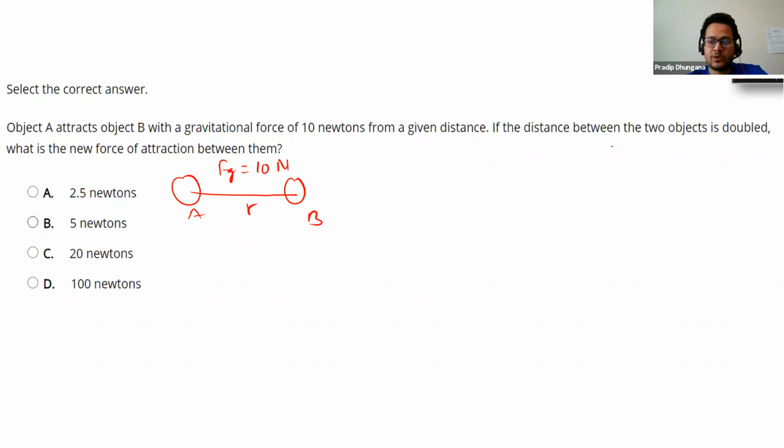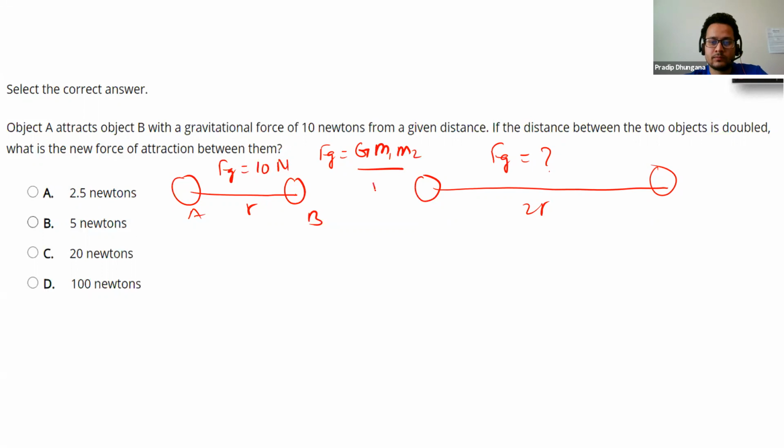Now, if the distance between the two objects is doubled, the distance is doubled, so r becomes twice r. With twice r, we have to calculate force due to gravity. And then force of gravity is G times m1 m2 over r square.